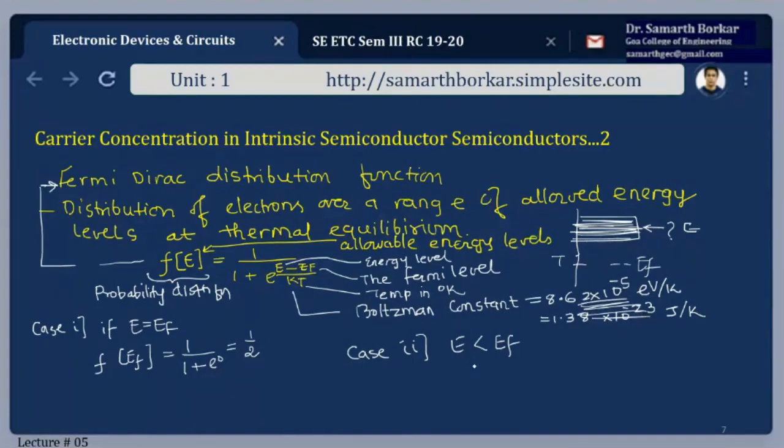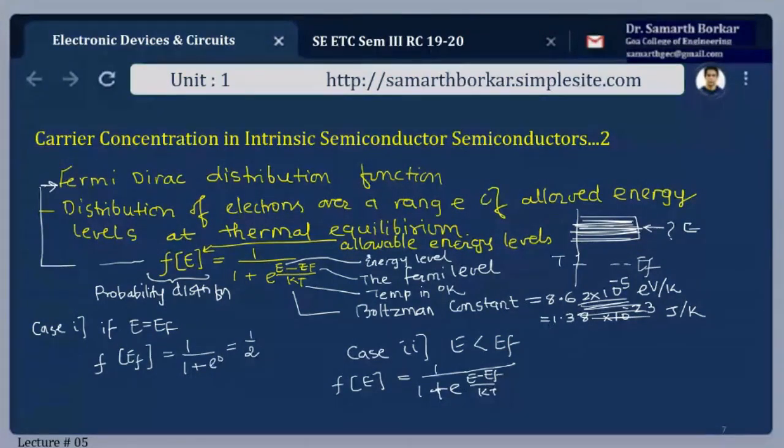Now, what if E is very much less than EF? Again F of E will be equal to 1 upon 1 plus e raised to (E minus EF) by KT. This mathematical expression tells you so many things.